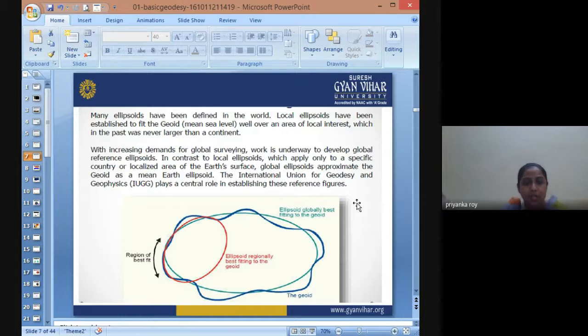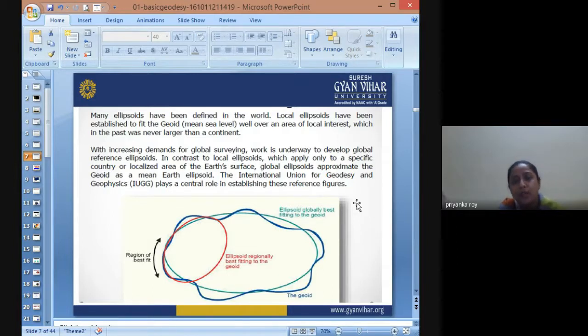With the increasing demand of global surveying, work is underway to develop a global reference elliptoid, in contrast to local elliptoids, which apply only to a specific country or localized area of the earth's surface. A global elliptoid approximates the geoid as a mean of the earth's elliptoids.